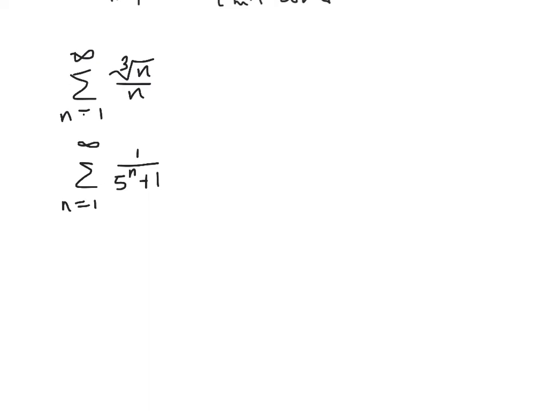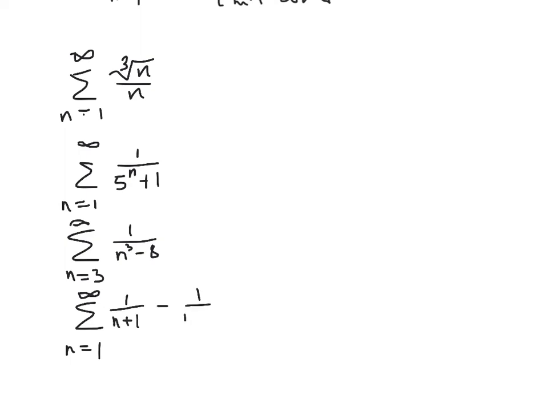We have the sum from n equals 3 to infinity of 1 over n cubed minus 8. We have the sum from n equals 1 to infinity of 1 over n plus 1 minus 1 over n plus 2.